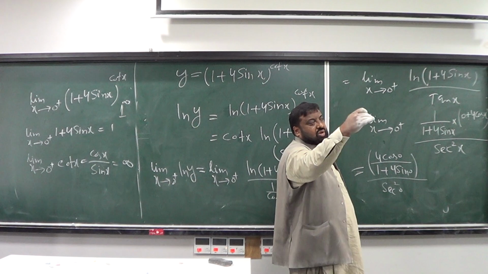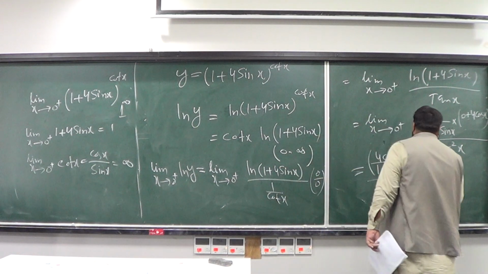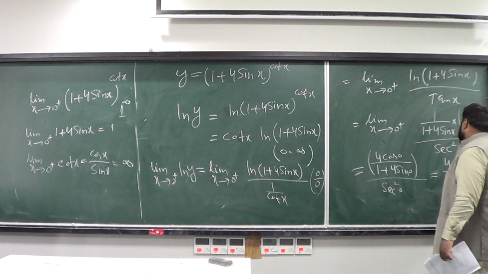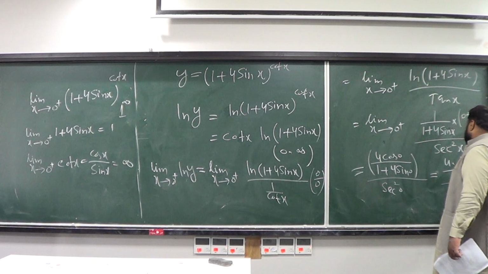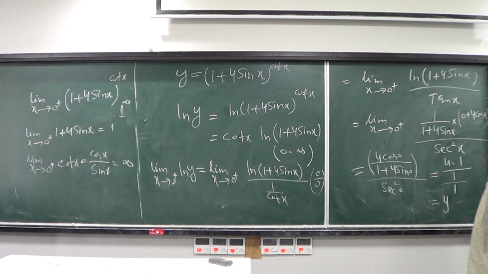Secant 0 is 1 over cos 0, which means 1. So this will become 4 times 1 divided by 1 plus 0, 1 divided by 1. So everything is equal to 4, so you got the limit.